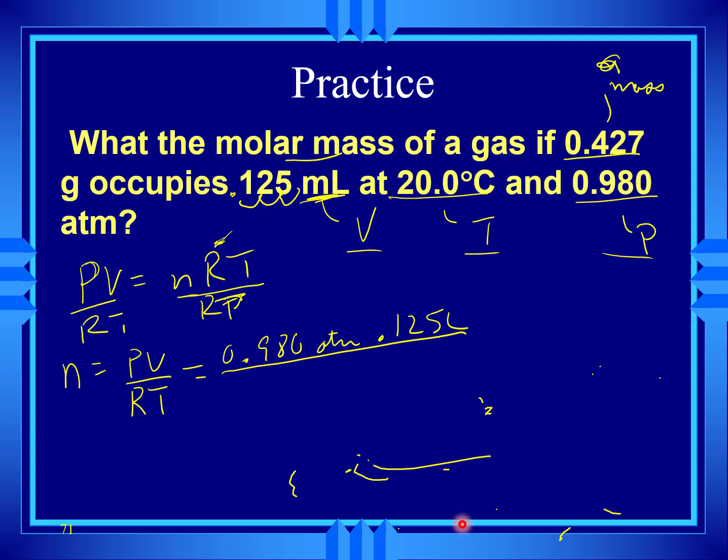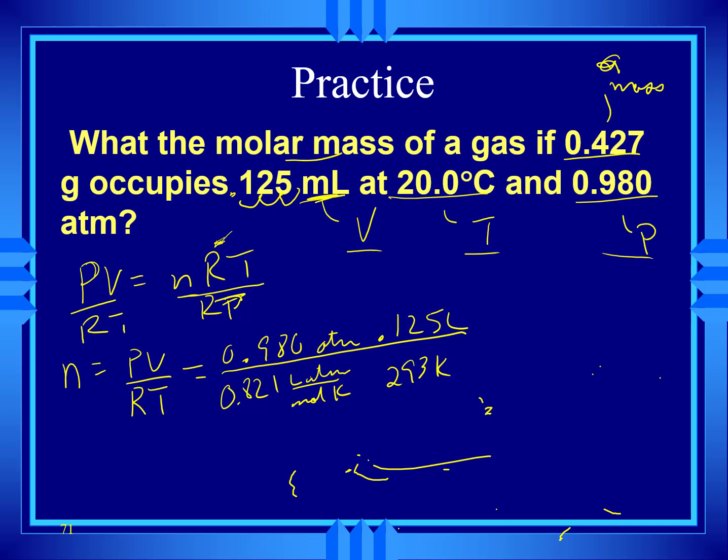And I divide that by R. And since we're in atmospheres, I use the one with atmospheres, which is 0.0821 liter atmosphere over moles Kelvin. And the temperature, 20 degrees Celsius, is 293 Kelvin.